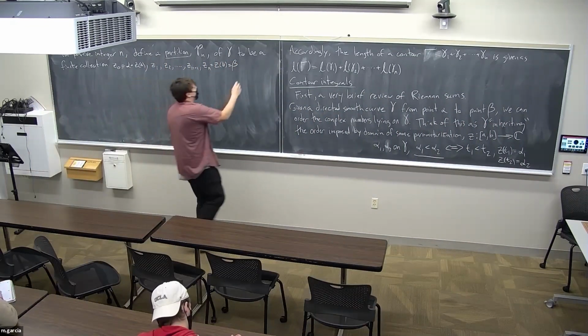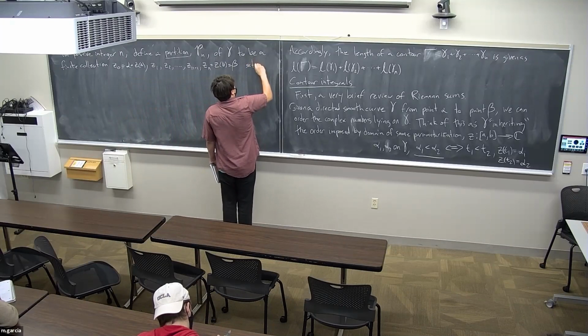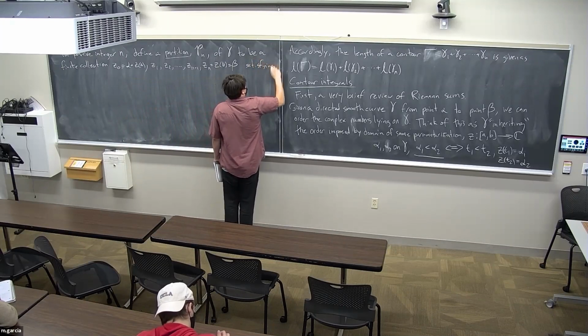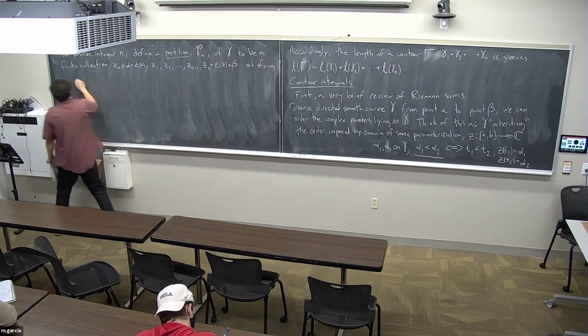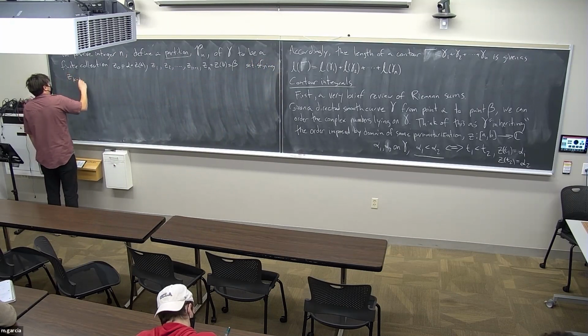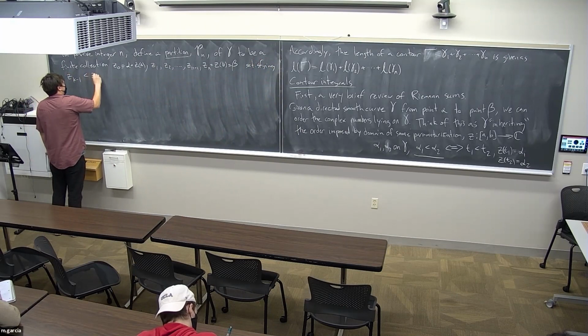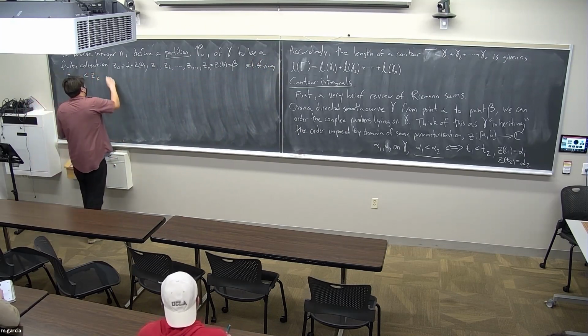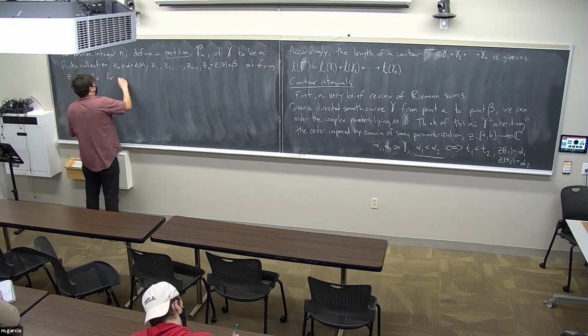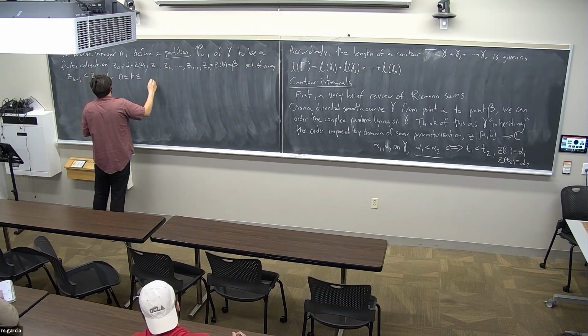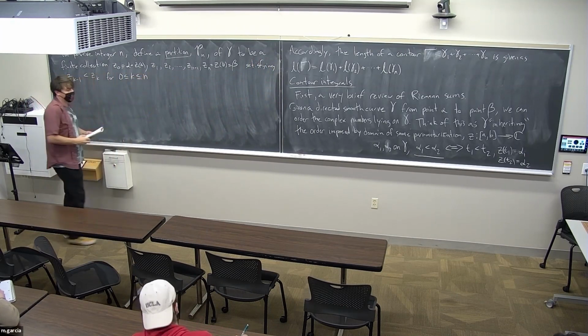Satisfying z sub k minus 1 is less than z sub k for k between 0 and n, right?